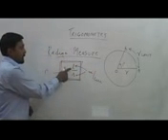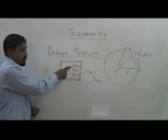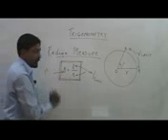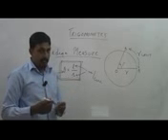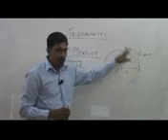So radian measure, that is the angle, always depends on the length of arc and the radius. Right? Now, come to the next point, that is a complete revolution.